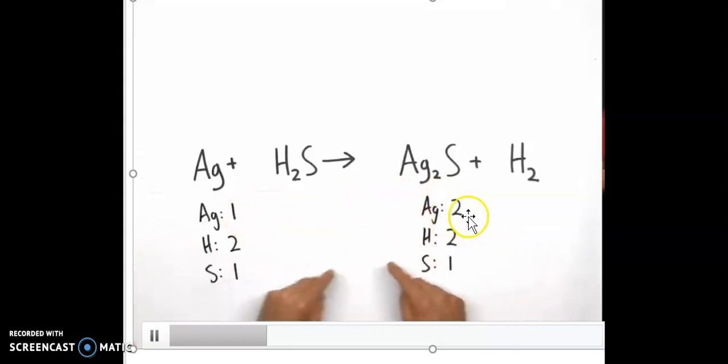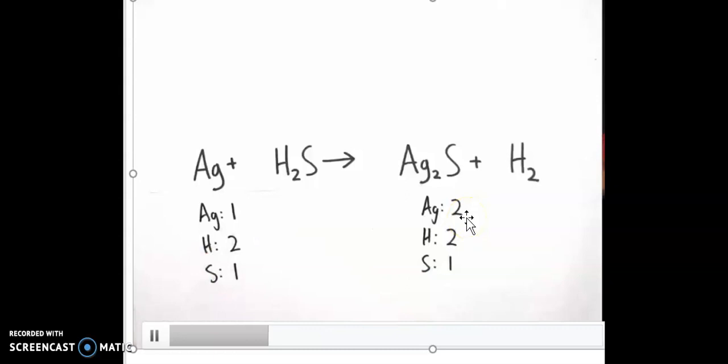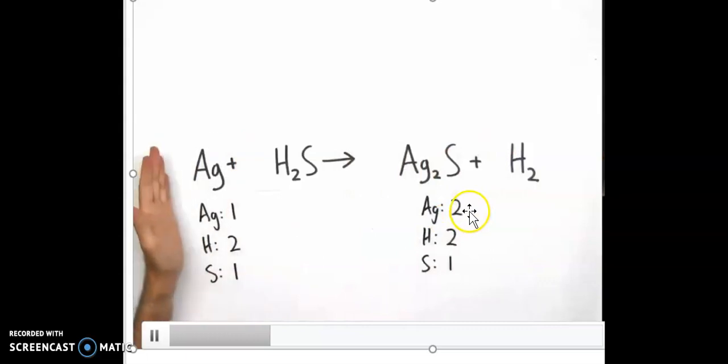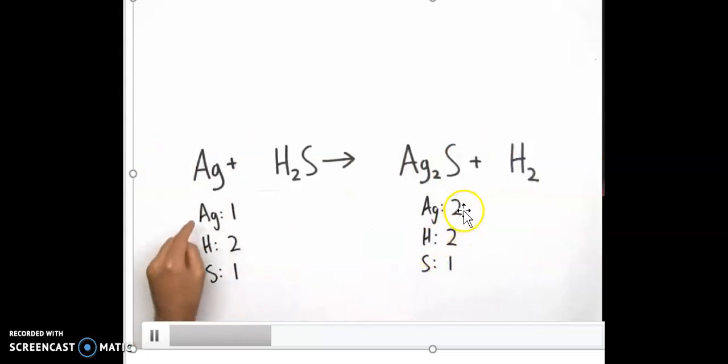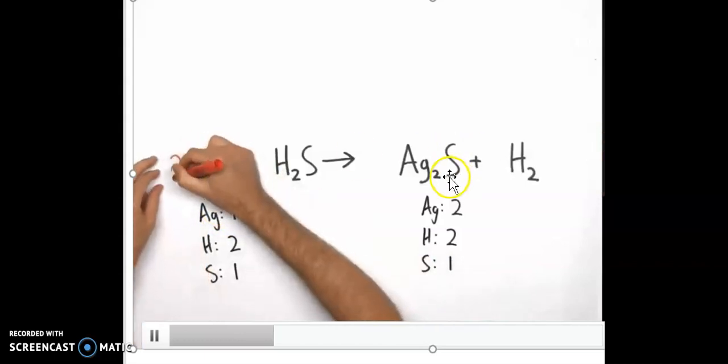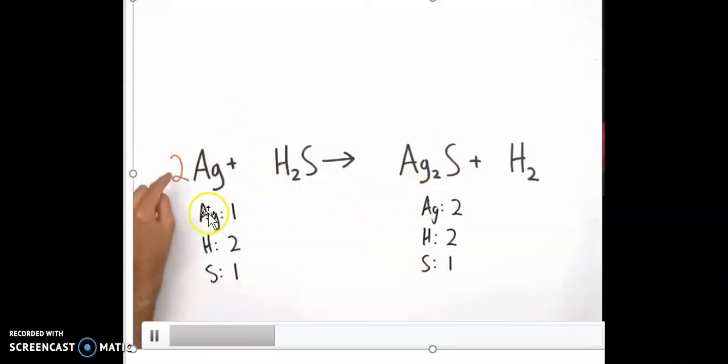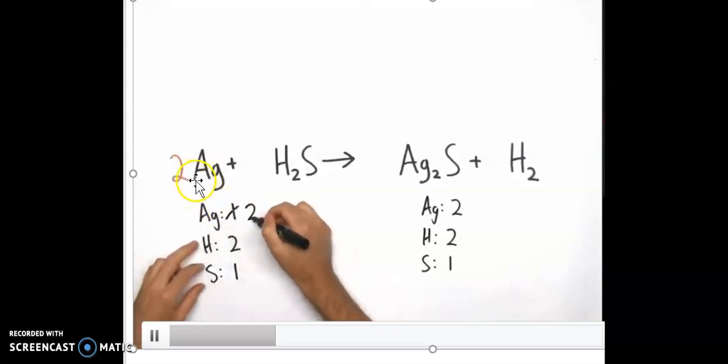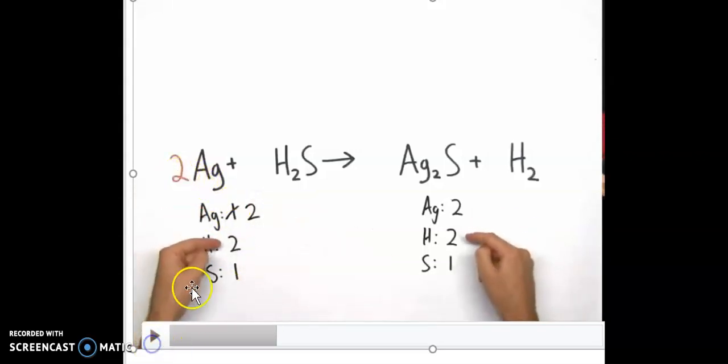So 1 mole here, 2 moles in the product side. So we're going to think of a coefficient that can balance this chemical equation so that the silver in the reactant side will equal. Yes, that's 2. So this time silver has 2 moles, the same number of moles in the product side. So this chemical equation is now balanced.